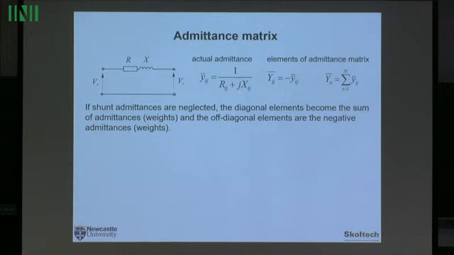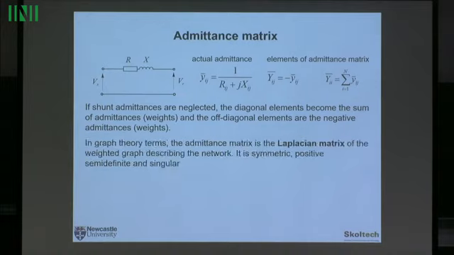The element of the admittance matrix is the negative of the actual admittance, and the diagonal element will be the sum of the admittances connected to this node or that node. And if those capacitors are neglected, the diagonal elements are equal to the negative sum of the off-diagonal elements.